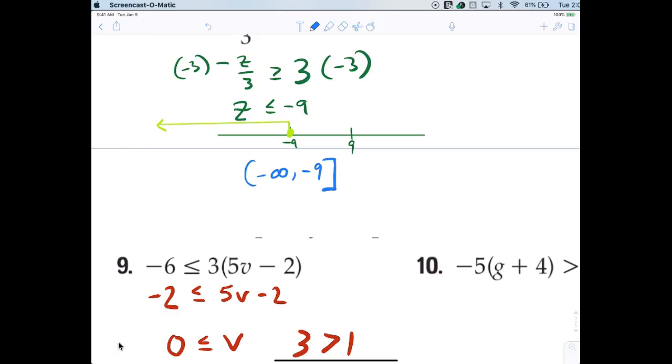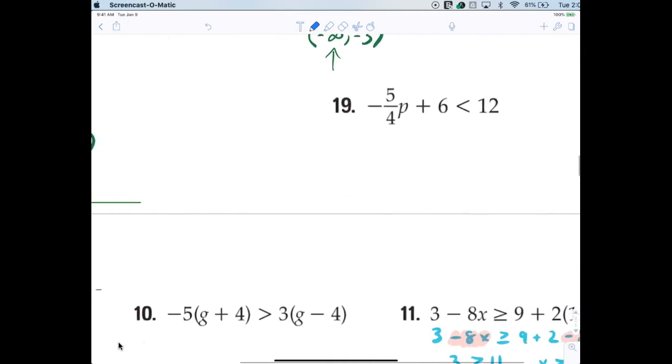All right, don't worry about it. I don't care if you make a mistake. Good for you, Noah. What's the difference between a bracket and parentheses? If it's a less than or equal to or greater than or equal to, it's a bracket. Everything else is a what? Parentheses. Very good. All right, let's go.